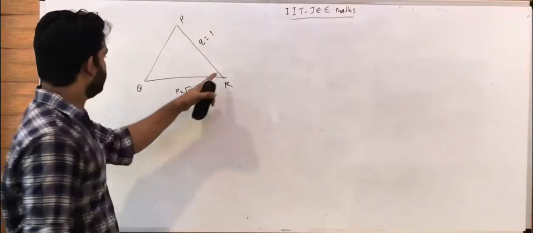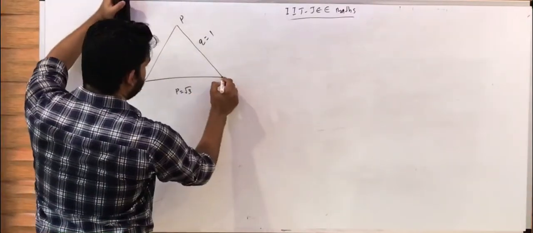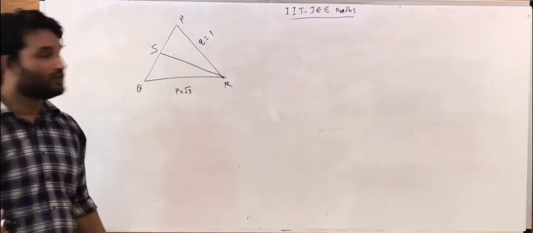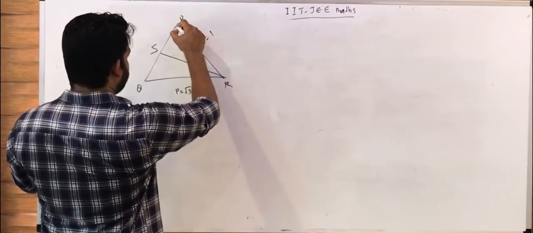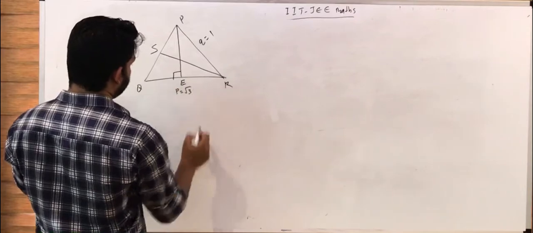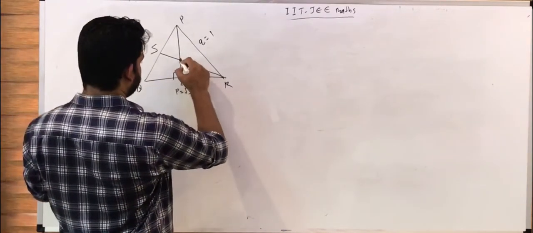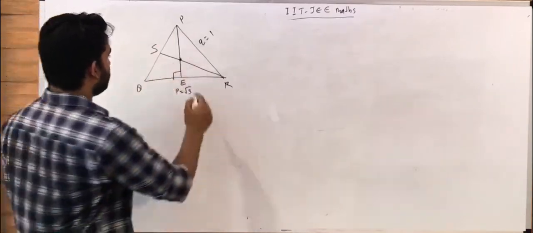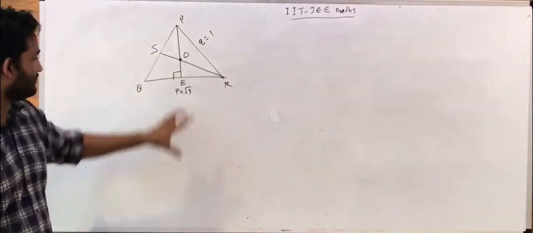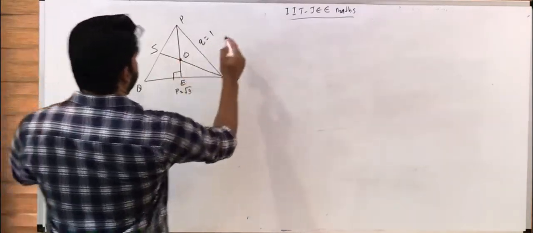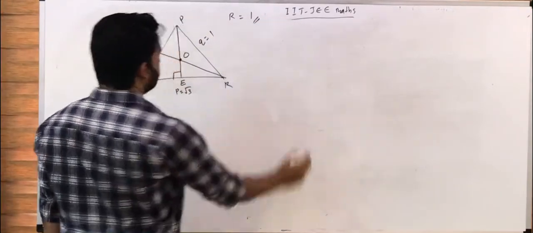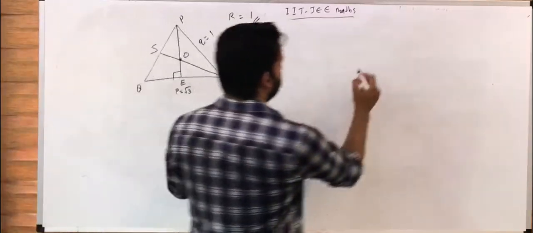Also it is given that there is a median from R which meets the side QP at S. Also there is one perpendicular which is dropped from P to QR and meets at E. And the point of intersection of this median and this perpendicular is given as O. Also given is the circumradius for this triangle as 1. This is the condition given, and the options are given.